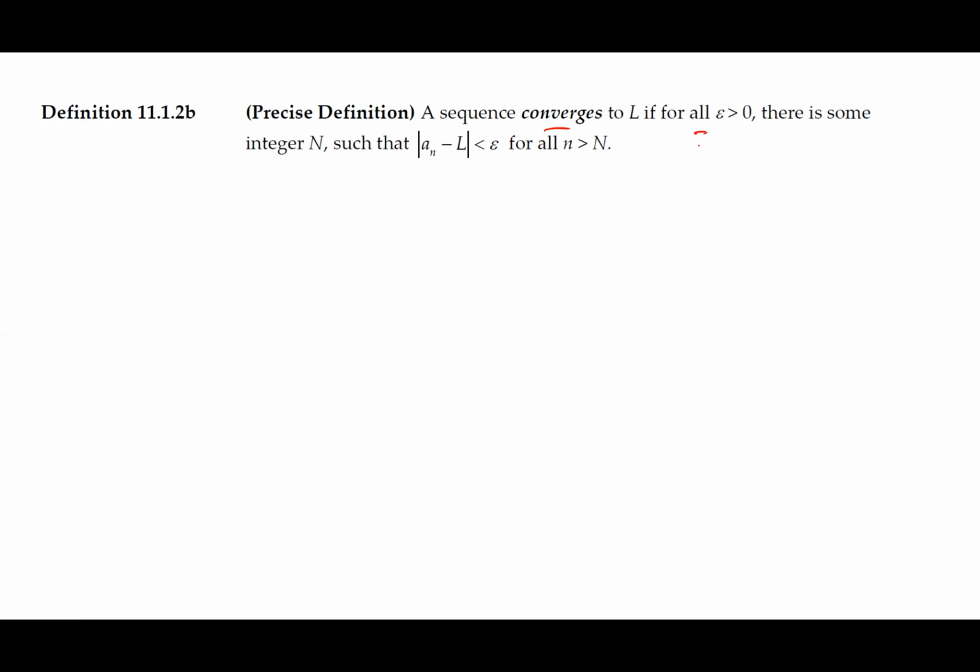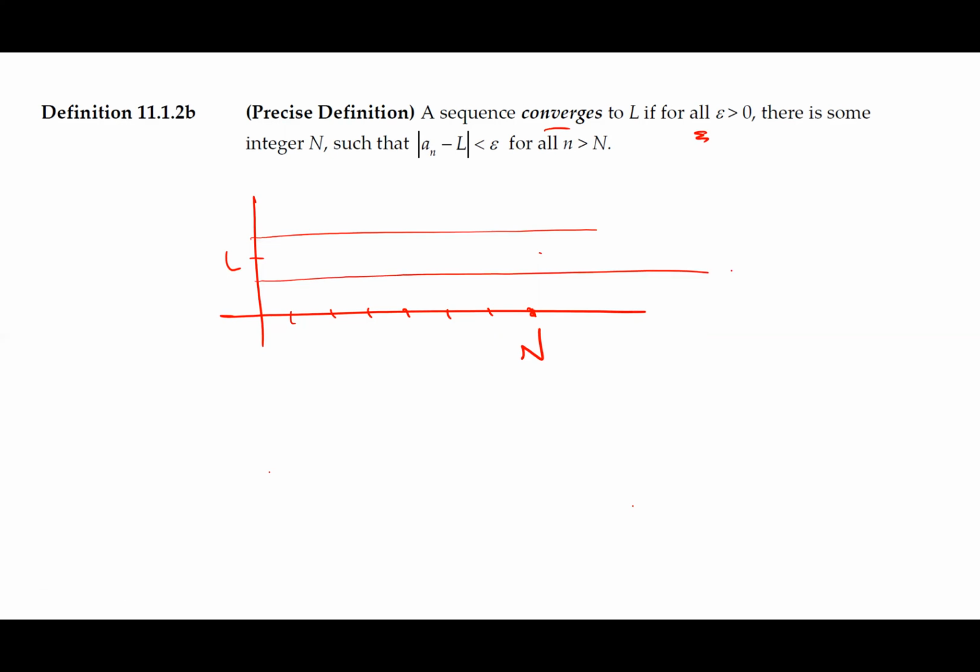For all epsilon greater than 0, I can find some integer n, so far enough out on this axis, so that after that point, all my sequence values live inside this band.